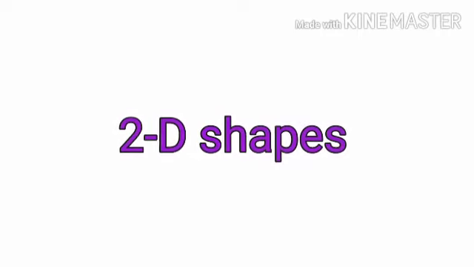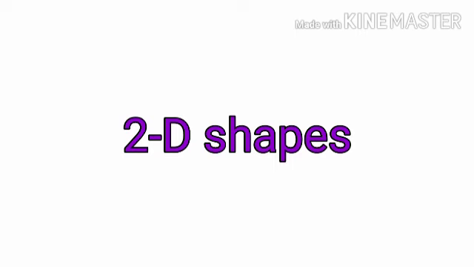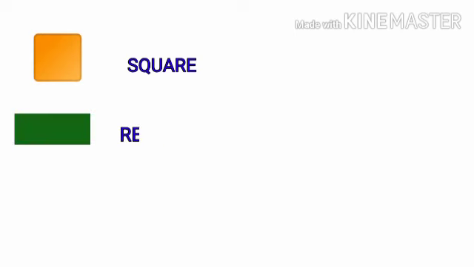Children, once again recall our 2D shapes. The first one is square. S-Q-U-A-R-E, square. The next shape is rectangle. R-E-C-T-A-N-G-L-E, rectangle.